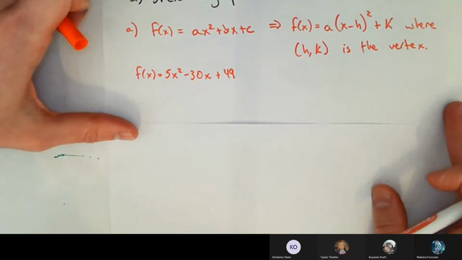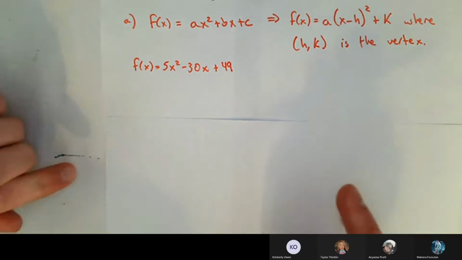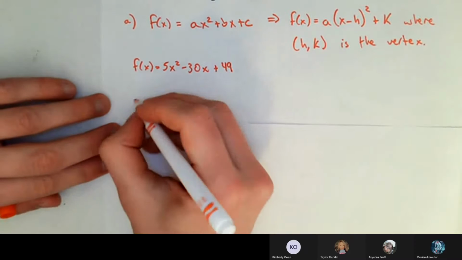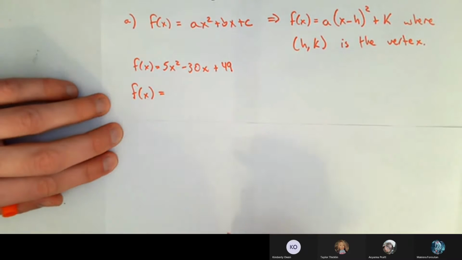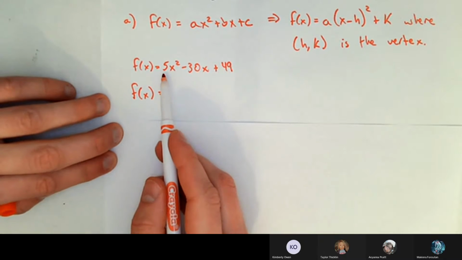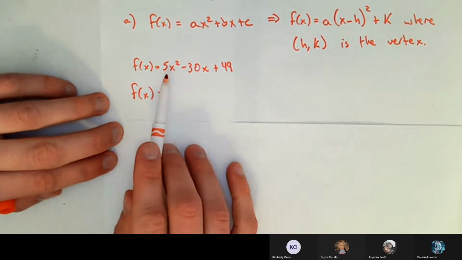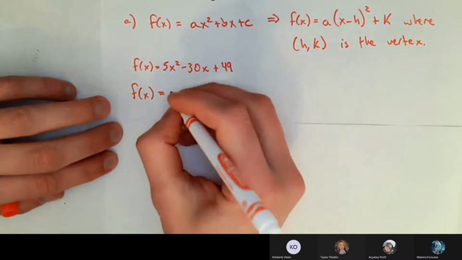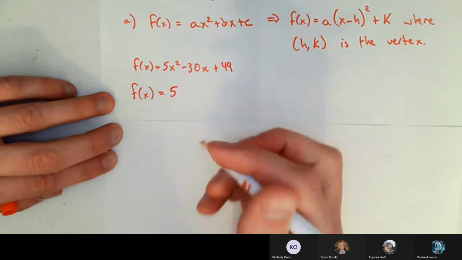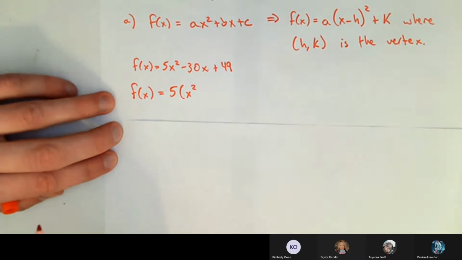Without reconstructing everything I went through in that video lecture, the first thing I do is say, if there is a non-1 leading coefficient, a leading coefficient that is not just a 1, then I need to factor it off, but only off of the first two terms. So as my first step, I have to factor that 5 off of the first two terms.